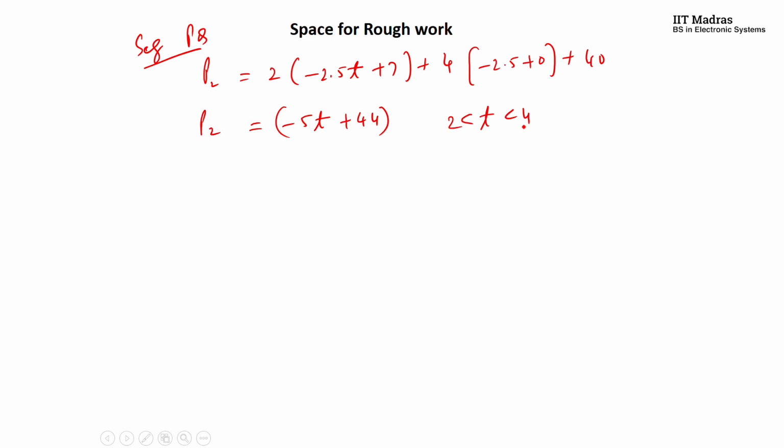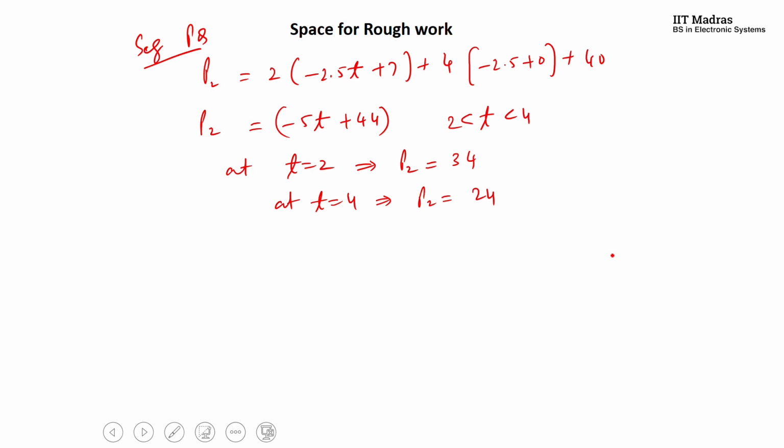Now at t equal to 2, you will find P2 is 34, and at t equal to 4, P2 is equivalent to 24.